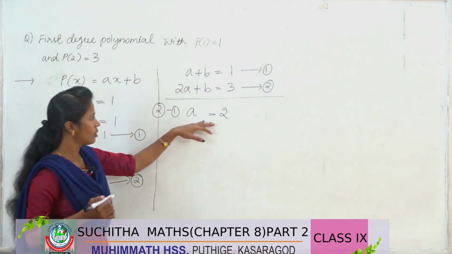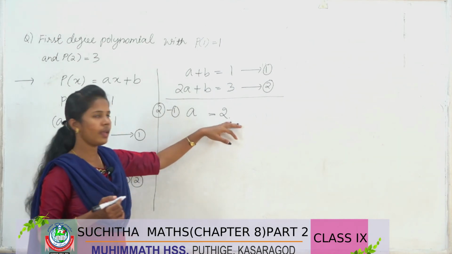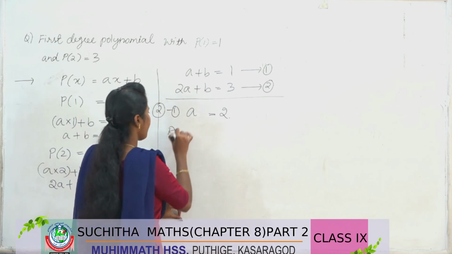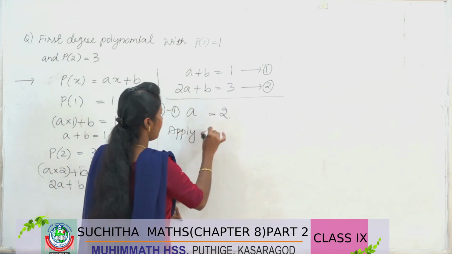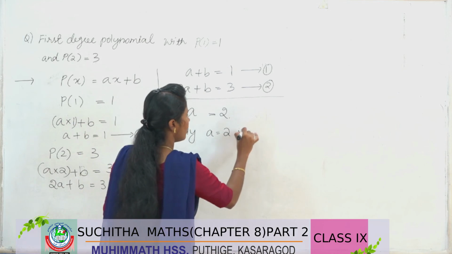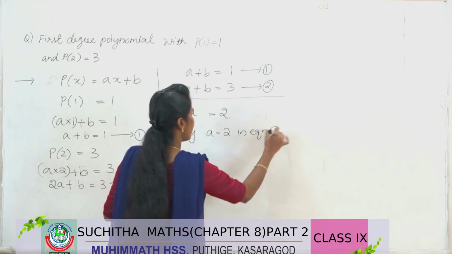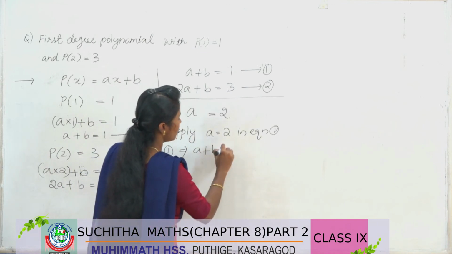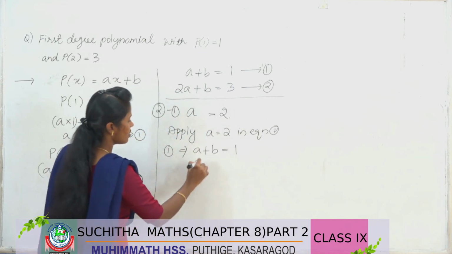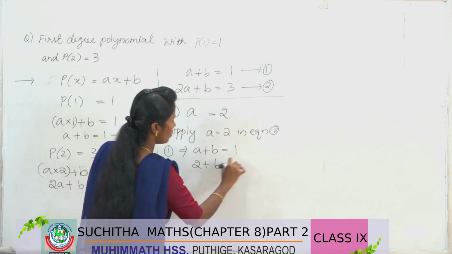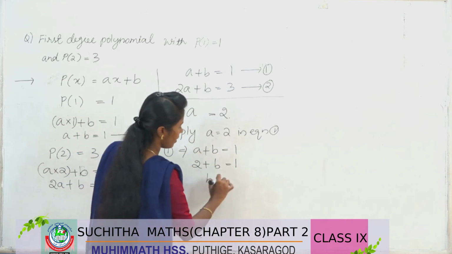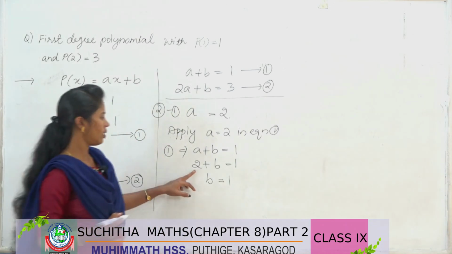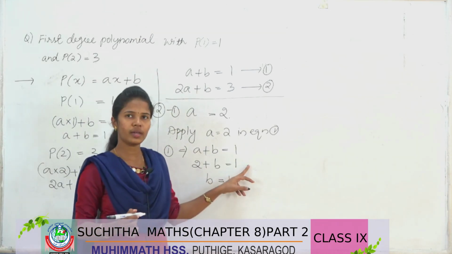Now apply the value of a equal to 2 in equation number 1. Equation 1 is a plus b equal to 1. So here a is 2, plus b equal to 1. Therefore b is 1, shift 2 to the right side.